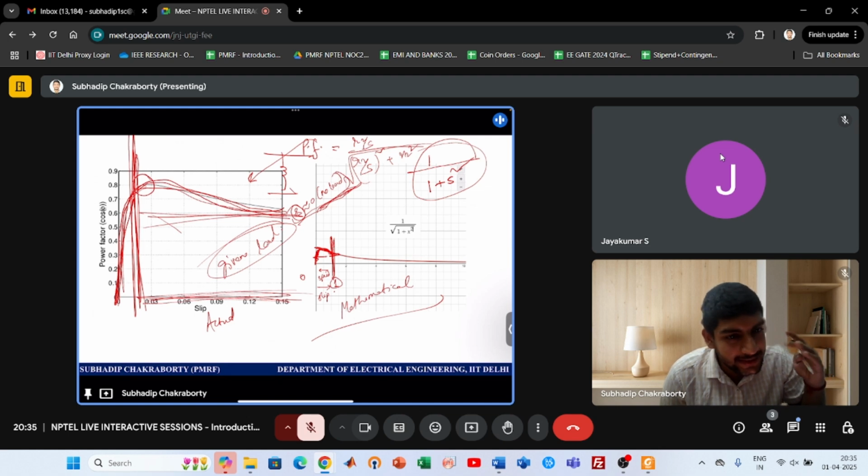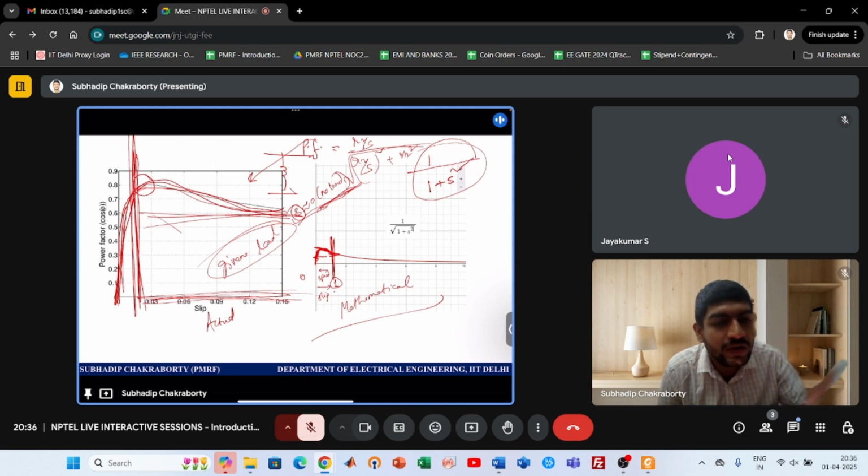But by some arrangement, you try to maintain the same speed and you increase the load. That means you are increasing the active power conversion. Then your power factor will not decrease, it will improve. So don't try to play with both things. From no load to full load, if you maintain a fixed speed, your power factor surely will improve, because at no load active power was 0, and at full load active power was more.